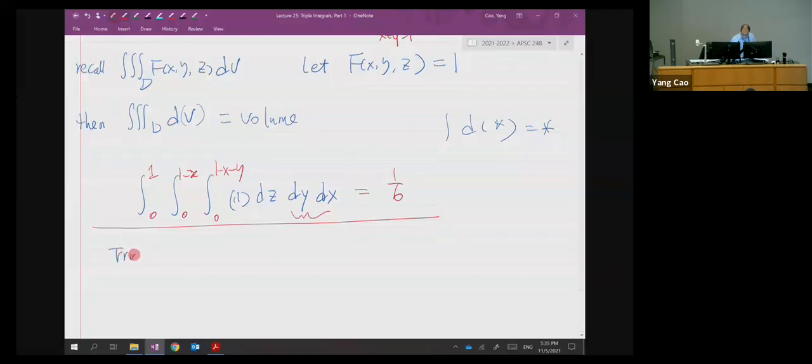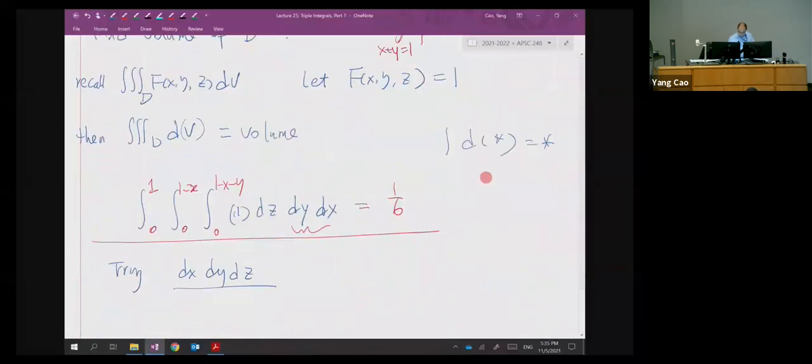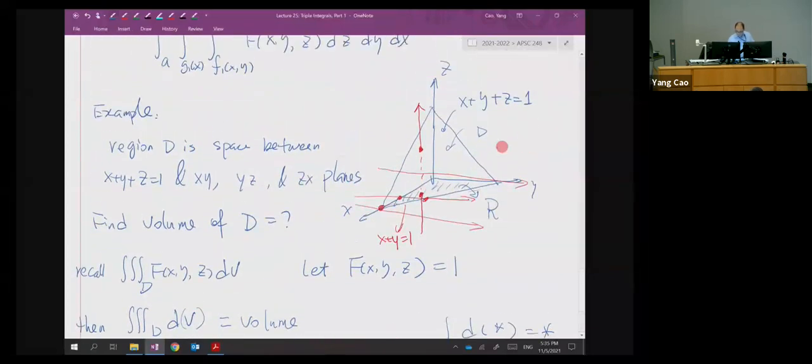Can you try, for example, dx, dy, dz? If you try this order, what will be the integral limits? What will the shadow be? First step, the shadow will be in the YZ plane, so it will be that triangle over there.